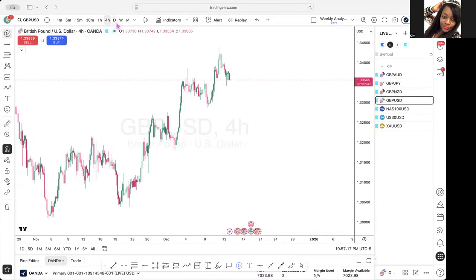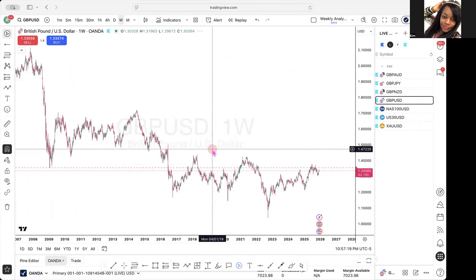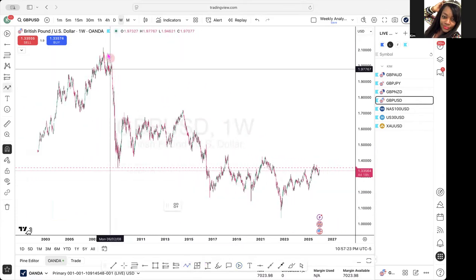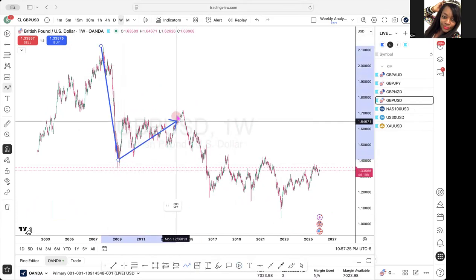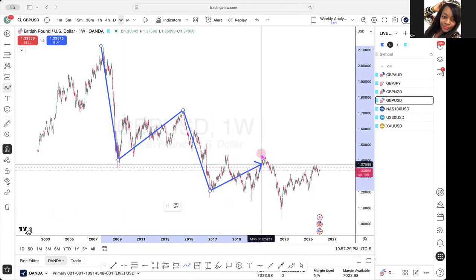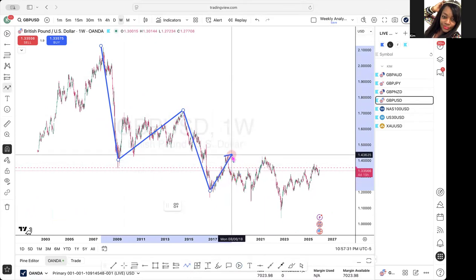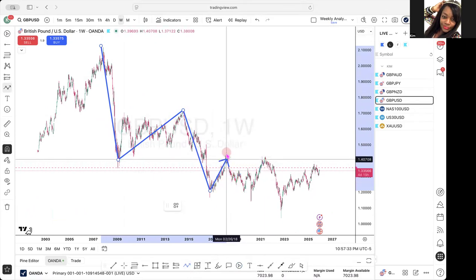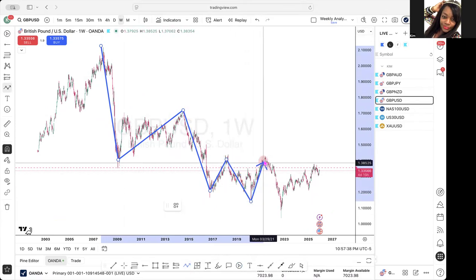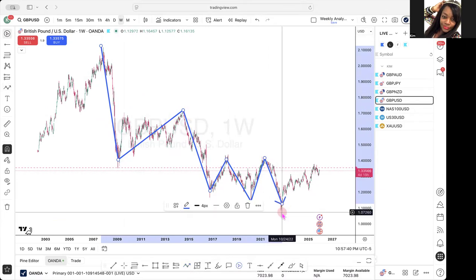GBP USD. Always look at the higher time frame. Look at the structure. We can see that price went here, here, here, here, here. I think price closed below here, then it came here, and then here.